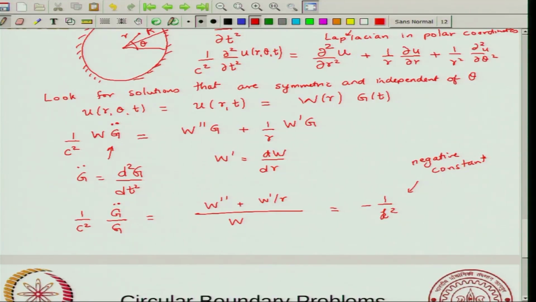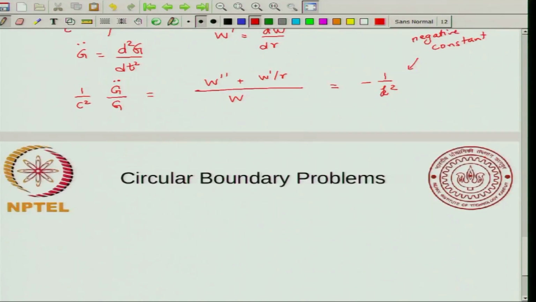Now I am interested mainly in the differential equation for w. Multiplying by r square, I get r square w double prime plus r w prime plus r square by k square w equal to 0.